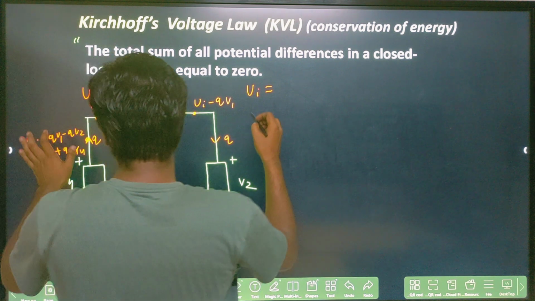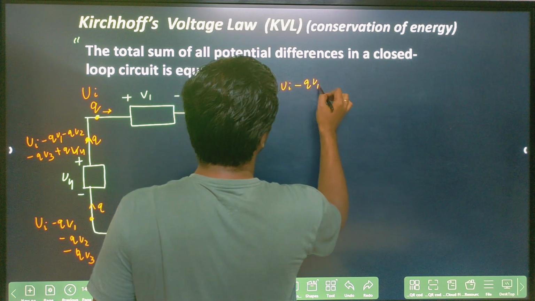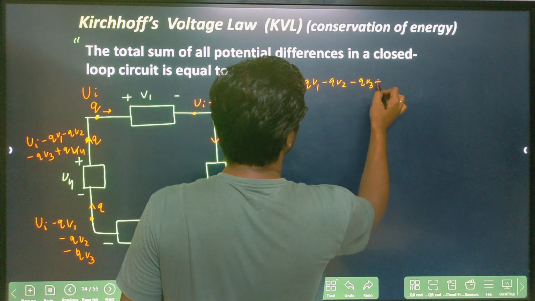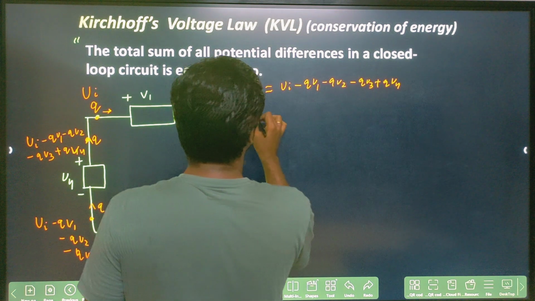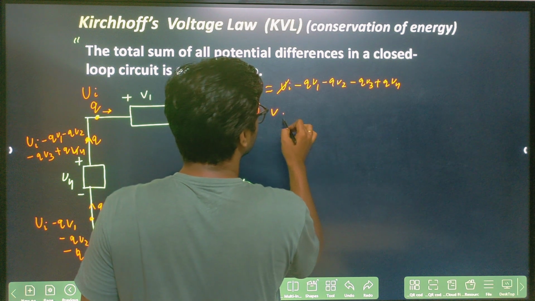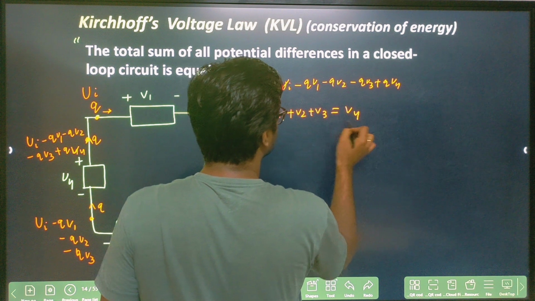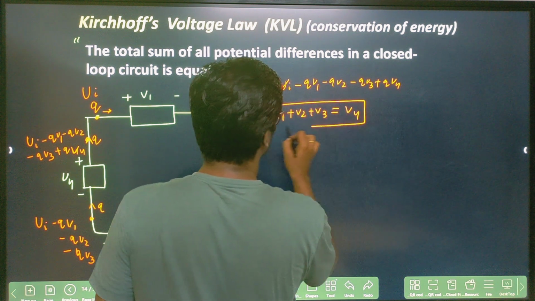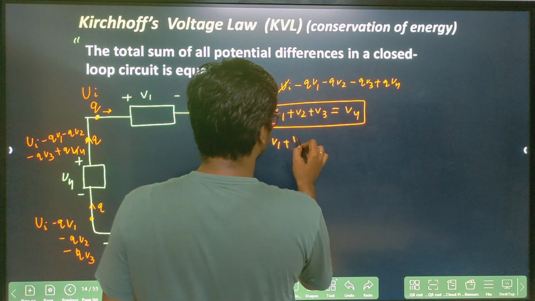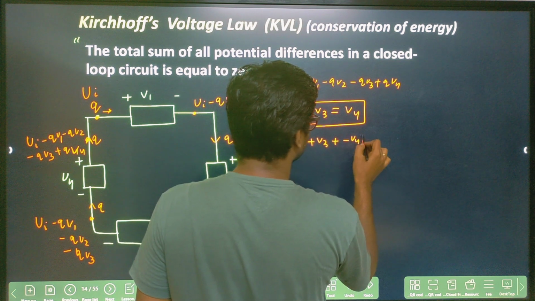So UI equals UI minus QV1 minus QV2 minus QV3 plus QV4. So UI cancels out, and this will be V1 plus V2 plus V3 is equal to V4, right? Or you can say that V1 plus V2 plus V3 minus V4 is equal to 0.